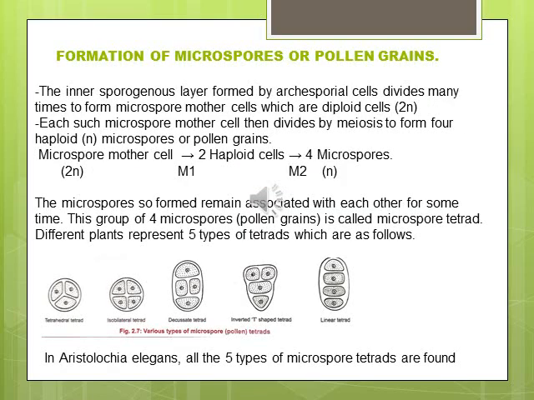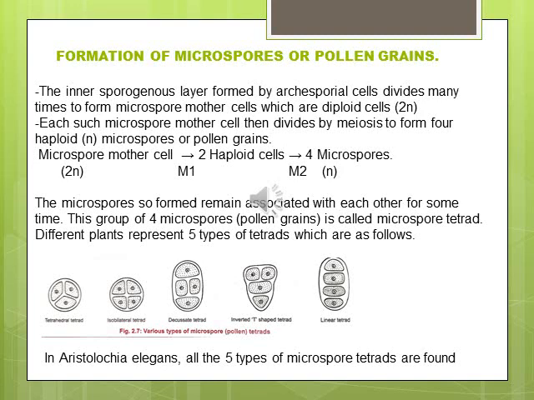Next comes the formation of pollen grains or microspores. These are formed by the inner sporogenous layer, which is formed by the archesporial cell, and this inner sporogenous layer will divide many times to form microspore mother cells, which are diploid cells.